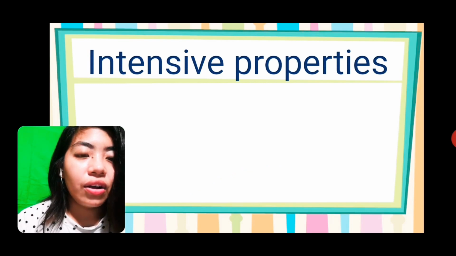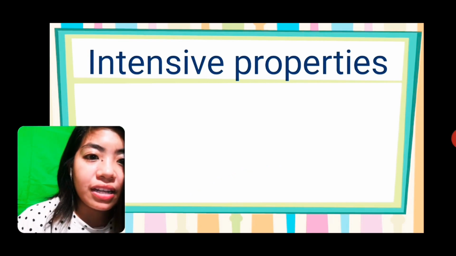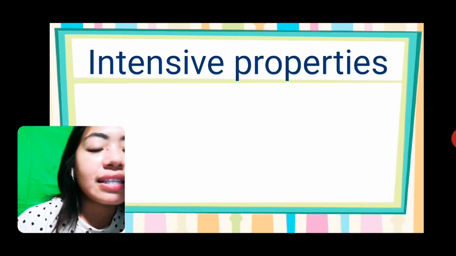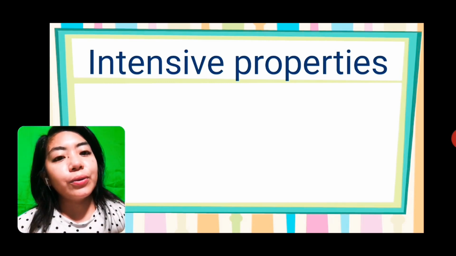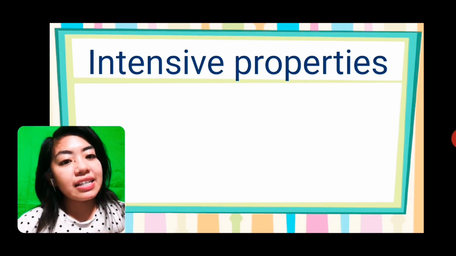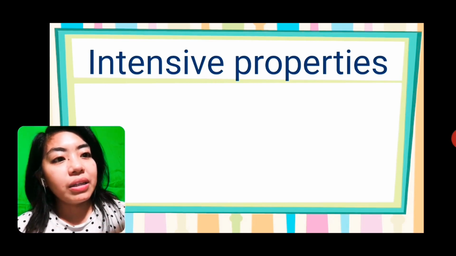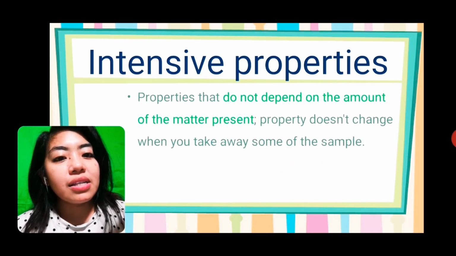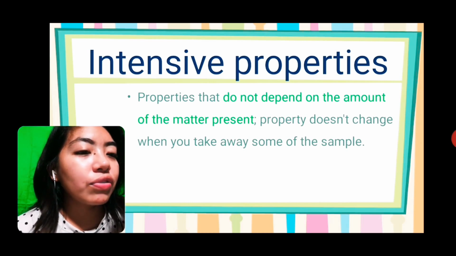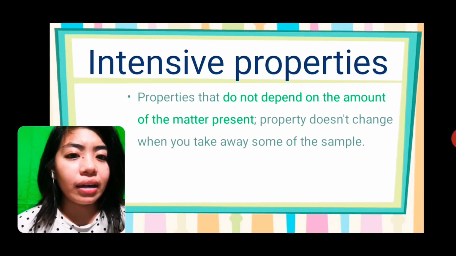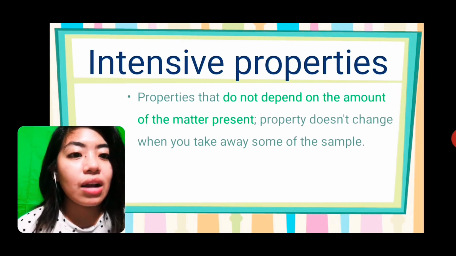Next is intensive property. So, yung lahat ng diniscuss ko kanina, sila yung extensive properties, or they refer with the quantity. Sa bilang sila tumitingin. Dito naman kay intensive properties, so, properties that do not depend on the amount of matter present. So, wala siyang pakialam kung gaano karami, gaano kalaki, gaano kaliit yung isang object.